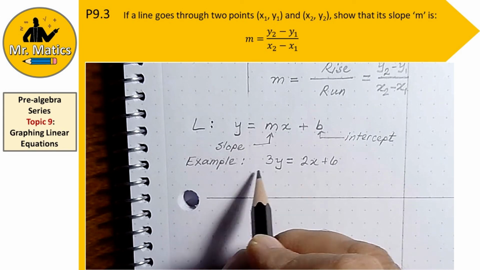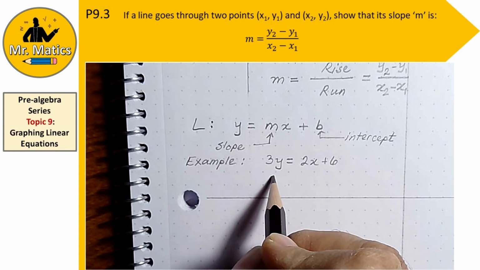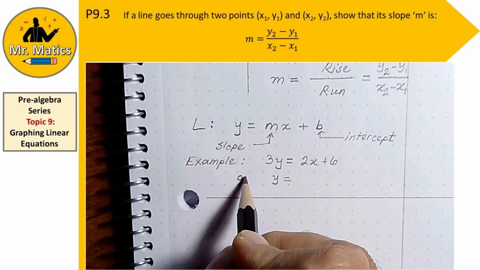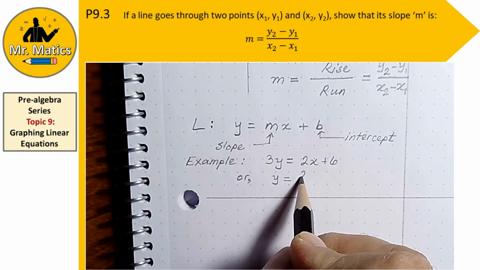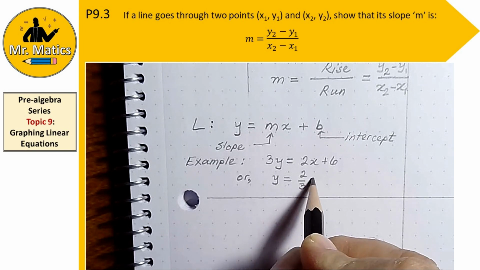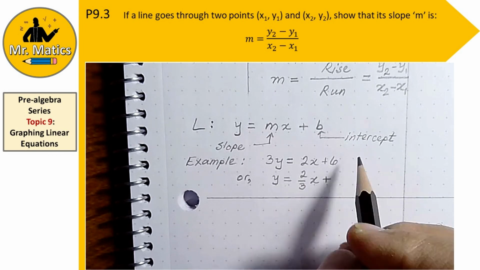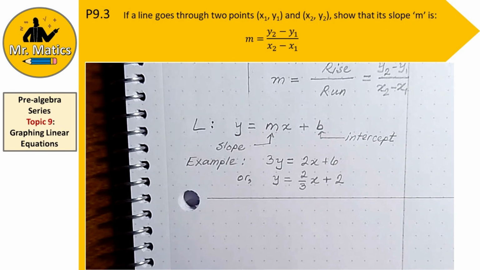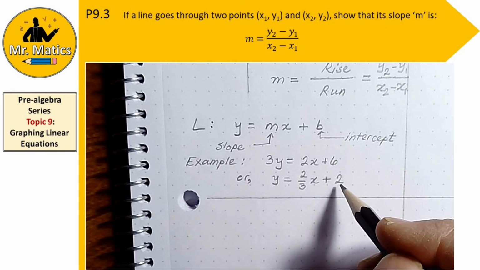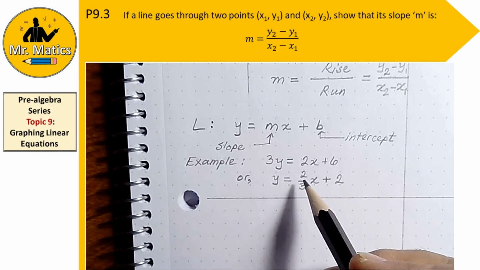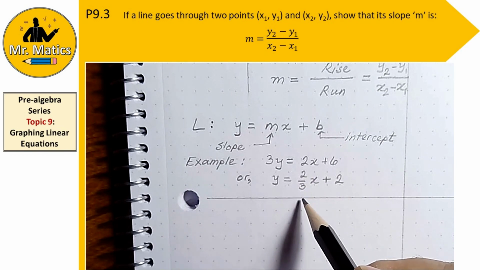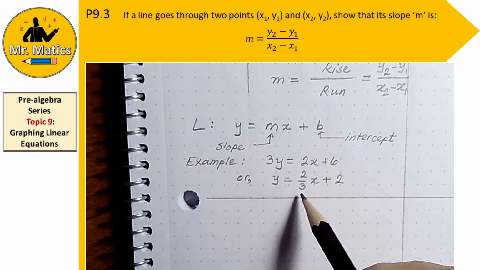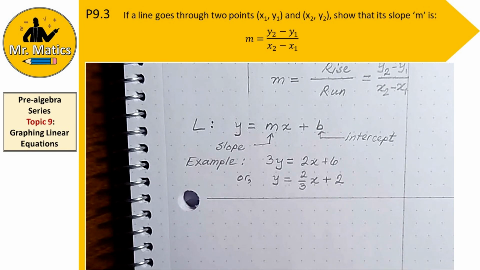So dividing both sides by 3, we will get y equals 2 over 3 x plus 6 over 3, which is basically 2. So the intercept is 2 and the slope is 2 over 3. That's how you will quickly find the slope and the intercept.